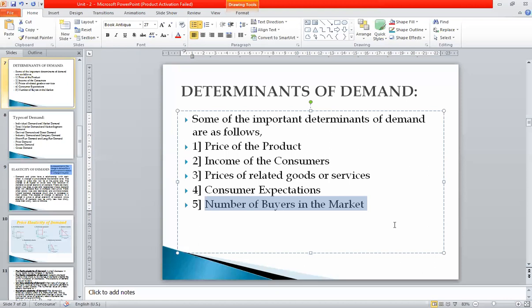I give you the example of Tata Nano: they wanted to know how many people would come forward to purchase their product. In the same way, when Nokia introduced a smartphone, they made a survey, and people interested in purchasing a Nokia smartphone came and registered with them, so that they could increase their productivity. That's why these are the 5 determinants.